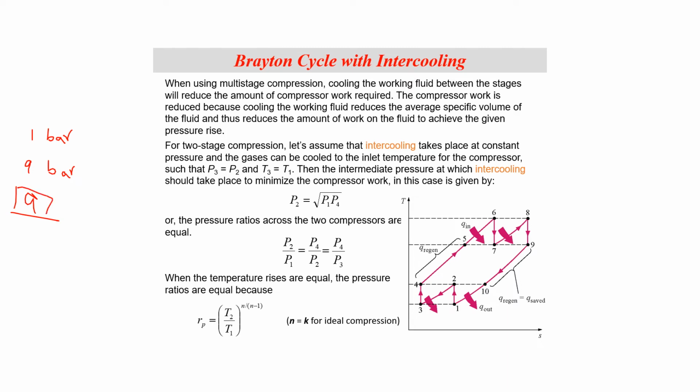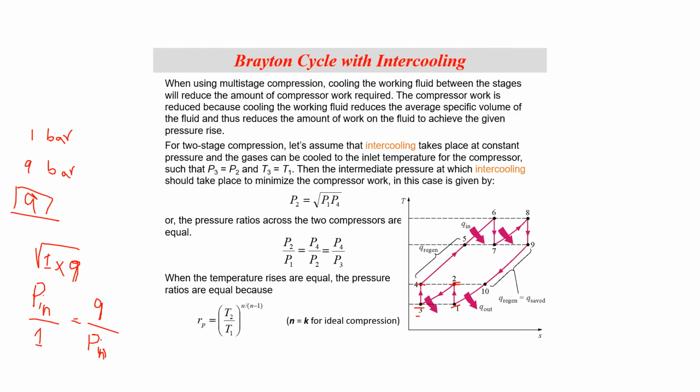Where you want to install the intercooler is, you want to take the multiple of the low pressure and the high pressure, and take the square root of it. If this is the P of the intercooler, then P in by 1 should be equal to 9 divided by P. So you want the same pressure ratio between 1 and 2 and between 3 and 4. Remember that P3 is equal to P2 here.